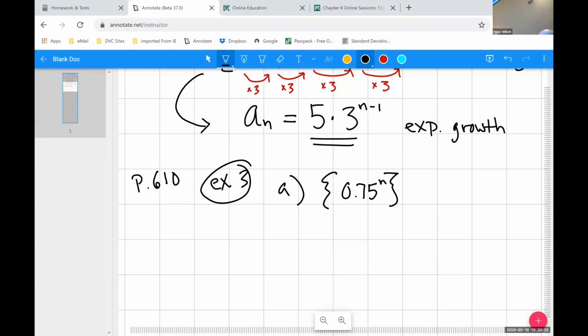So in this sequence, you can imagine the first few terms if you like. 0.75, and then without doing the arithmetic, I'd get 0.75 squared, 0.75 cubed, etc. So you can see that each successive term is 0.75 times the previous one. So that's why it fits the recursive definition of a geometric sequence.